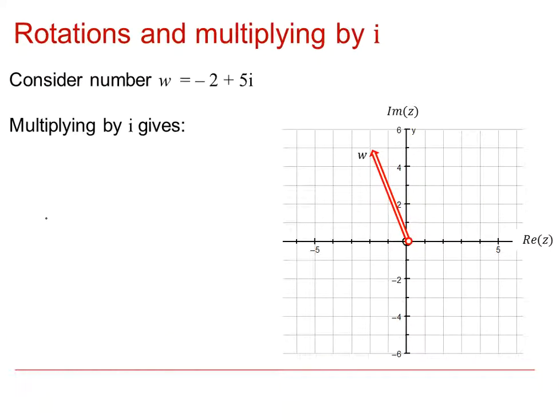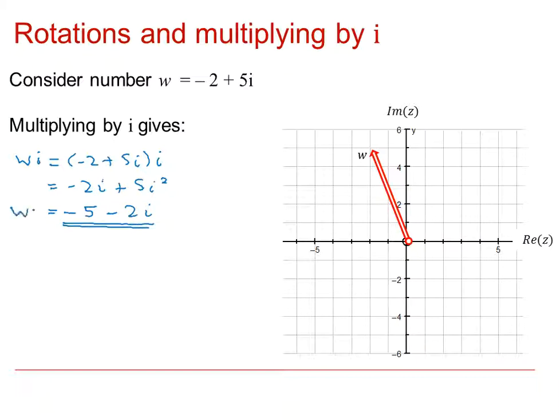If we let w equal minus 2 plus 5i and see what happens when we multiply by i. So we've got wi is minus 2 plus 5i multiplied by i. Expanding the brackets, we get minus 2i plus 5i squared. i squared is minus 1, so 5i squared would be minus 5, followed by the imaginary part, minus 2i.